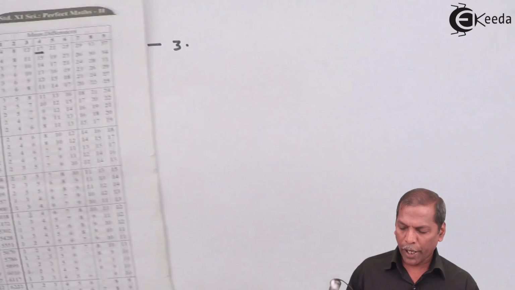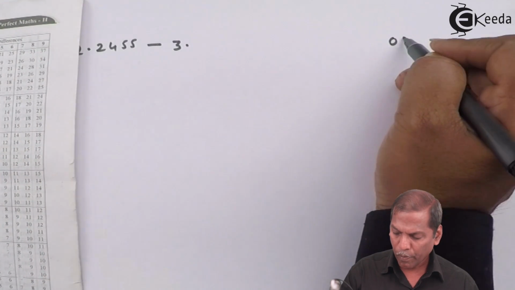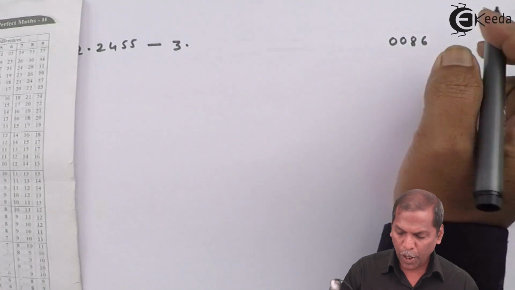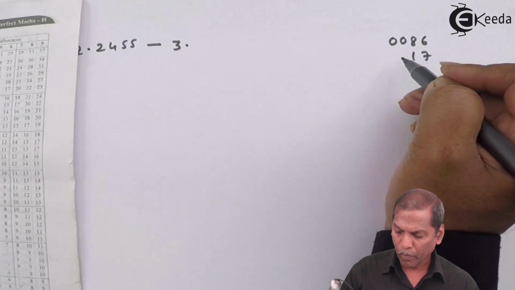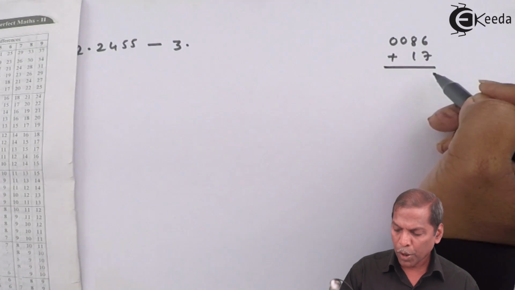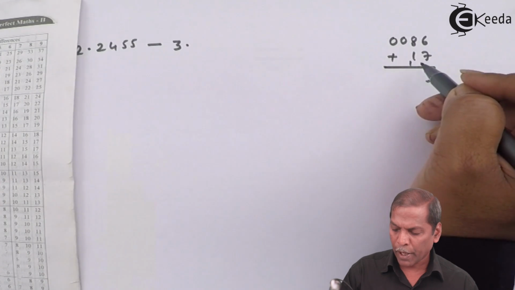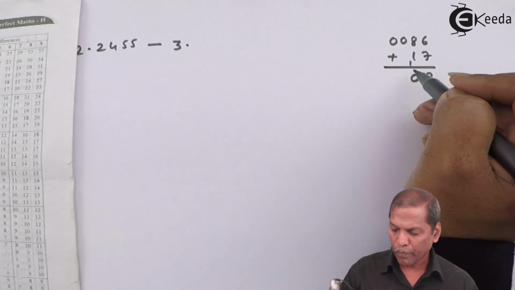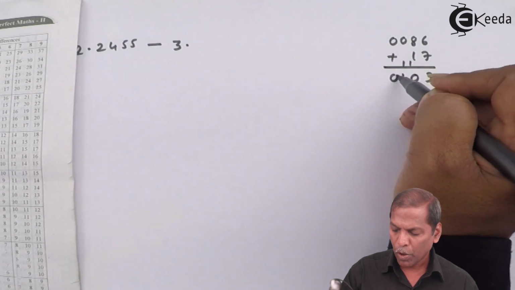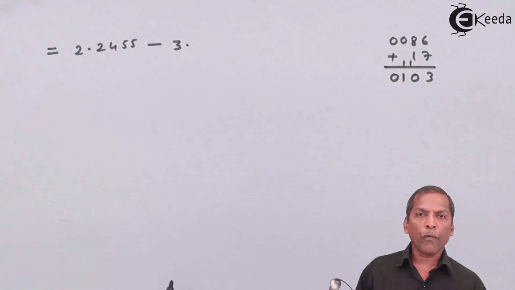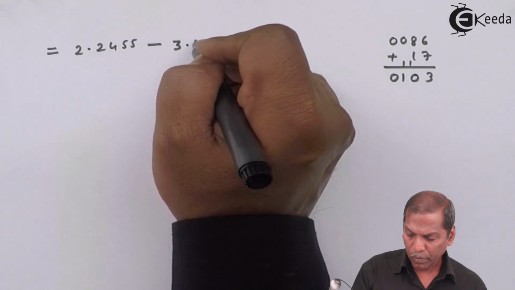So 0086 plus 17. So 6 plus 7 is 13, carry 1, 8 plus 2 is 10, carry 1, 1. So it is 0103.